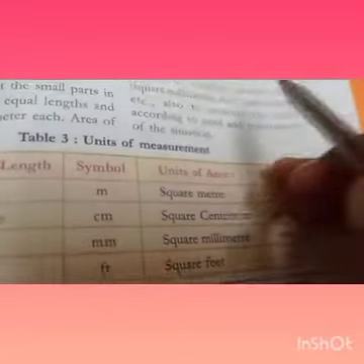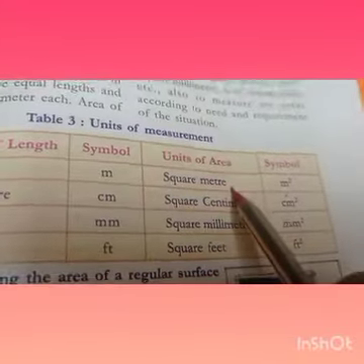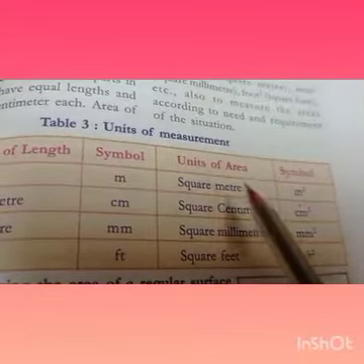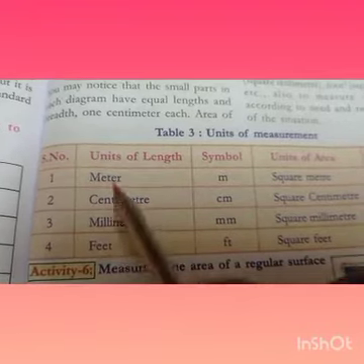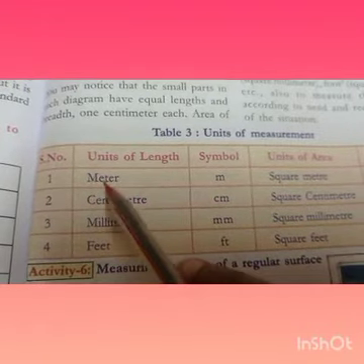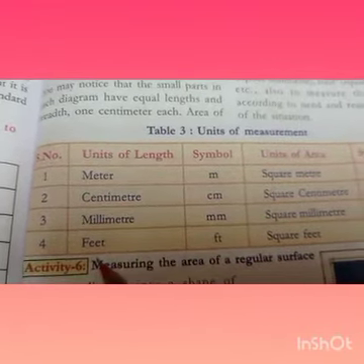Okay, same like that you can see here square meter, square centimeter. When it comes to area, okay, this is about the length. We will be calling the units meter, centimeter, millimeter, feet.